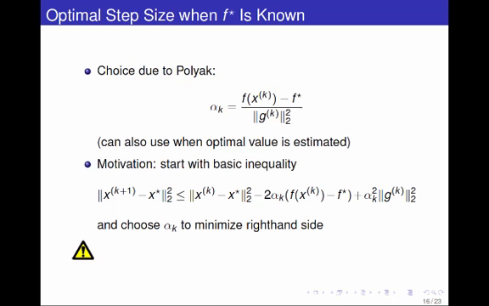There's something cyclical about this. Does this strike you as a bit weird, this specific step size? You know x_k, right? And you know f of x_k. It's what you just computed.